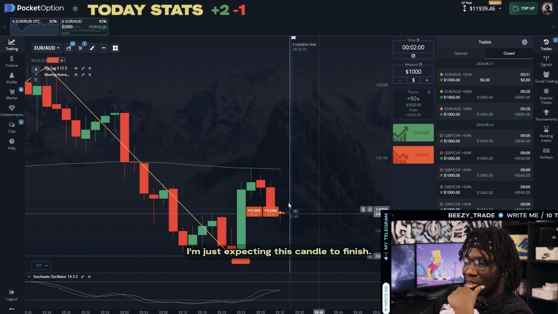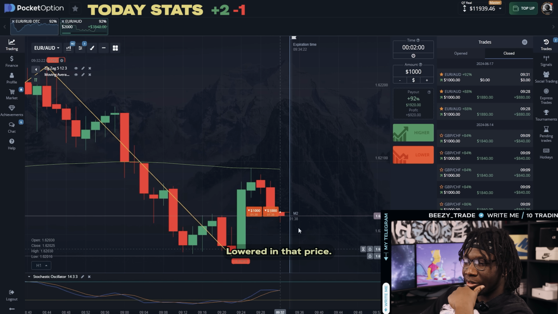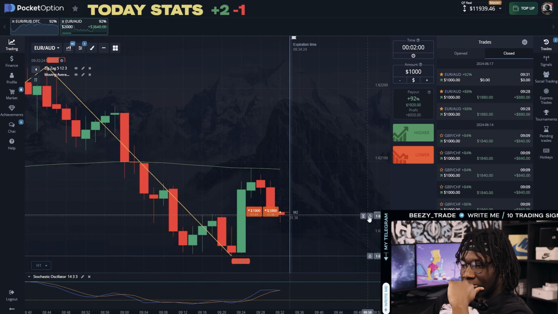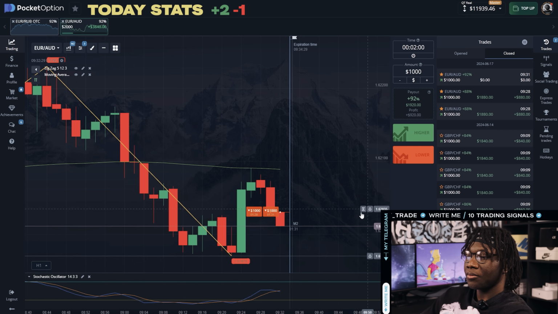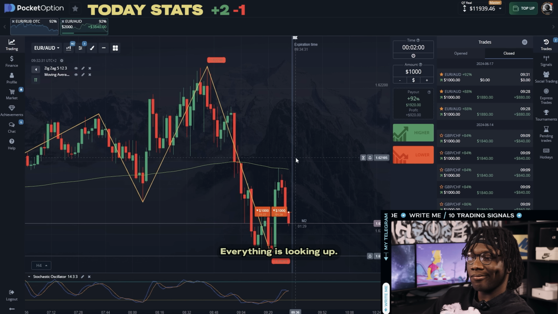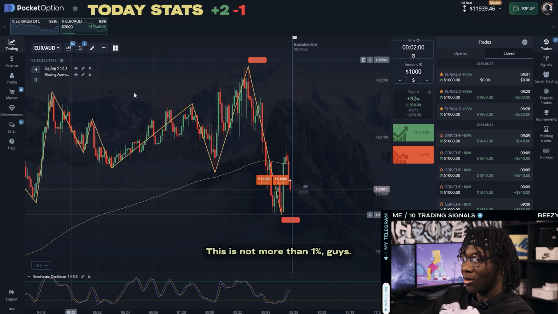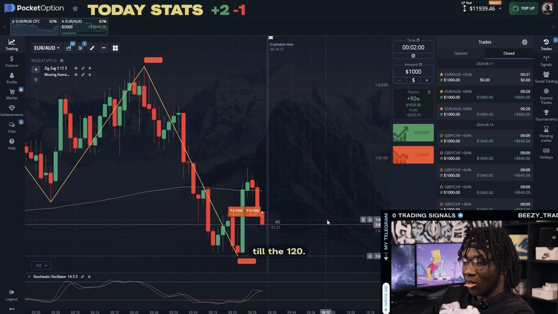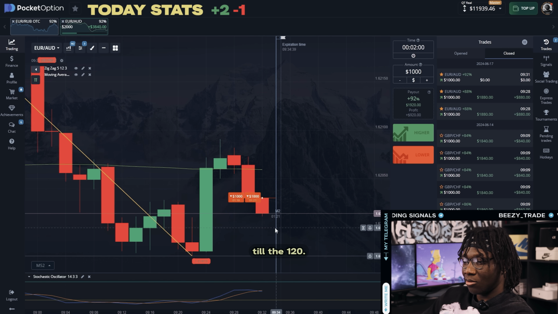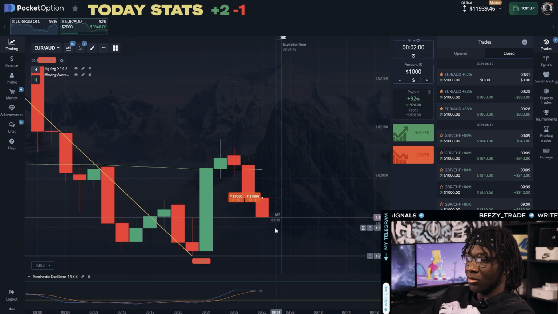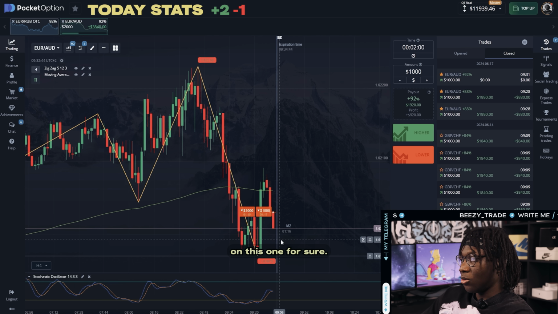I'm just expecting this candle to finish lower than that price. Everything is looking good. Nothing more I can say, guys. Everything is looking good till the 120. I mean, we're pretty good in the money on this one for sure.